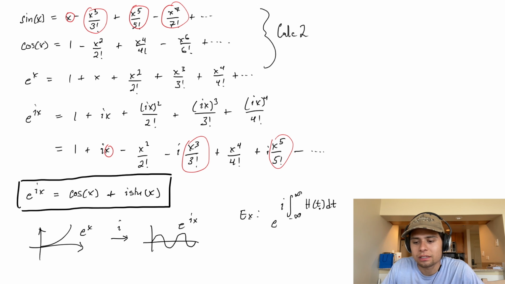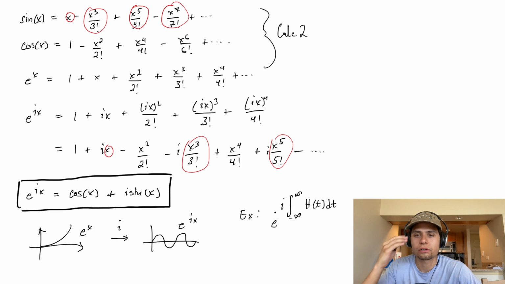And what this i is telling us is that this whole thing is a sinusoidal function with respect to this as sort of being the independent variable. So this integral is sort of the independent variable, much like x was the independent variable here. And so that's how we can begin to read stuff like this.